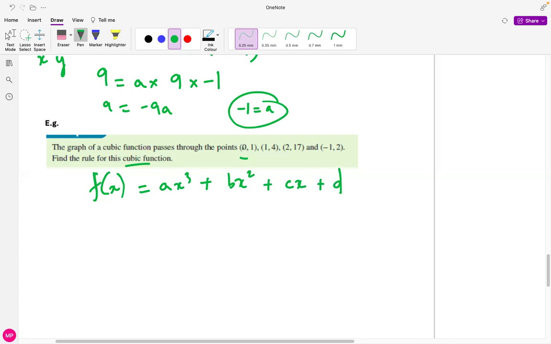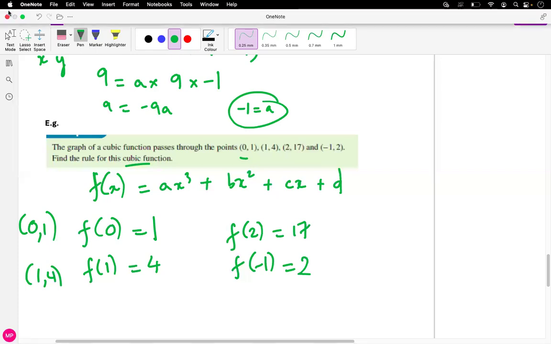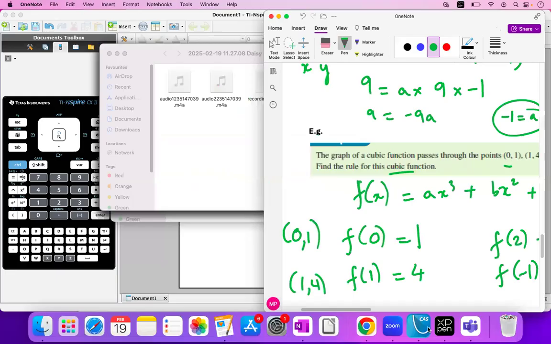If they give the point (0, 1), on the calculator you would do f(0) = 1, like that. And then (1, 4) means f(1) = 4, (2, 17) means f(2) = 17, and then f(−1) = 2. Then I will solve this on the CAS. So let me show you how to do that now.